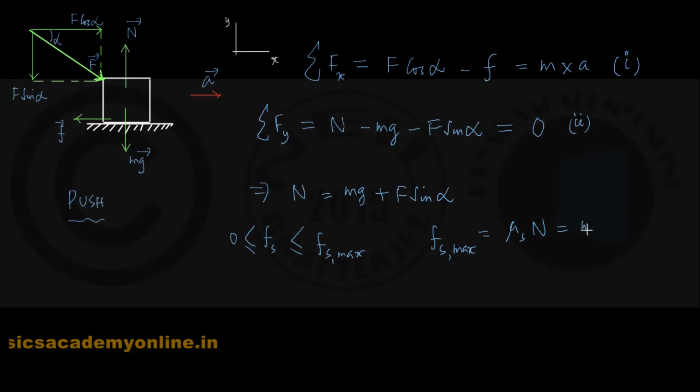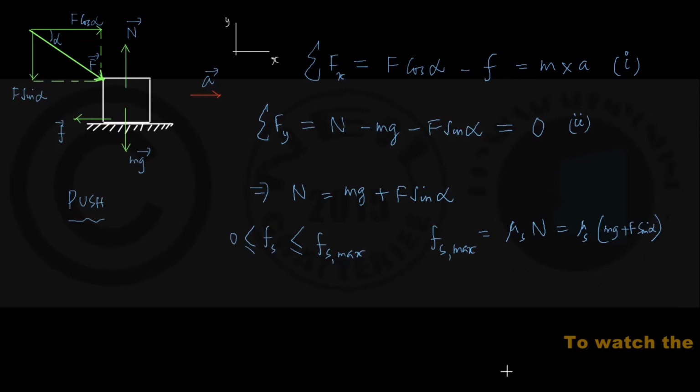This is coming out to be mu s, and the value of N you can put from here, that is mg plus F sin alpha. It is not mg only, it is mg plus F sin alpha. That is the Fs max value.